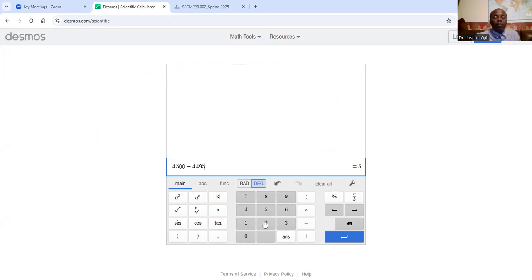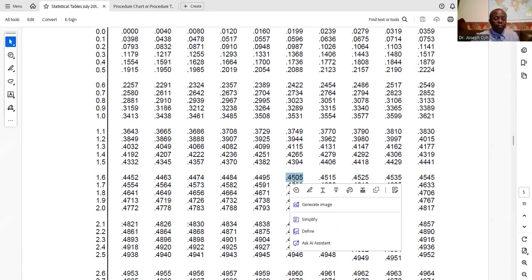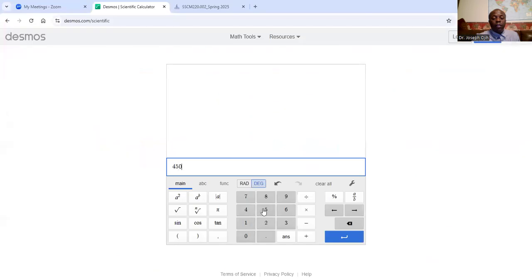And 4505 minus 4500 is also 5 points. So both of them are equally close.